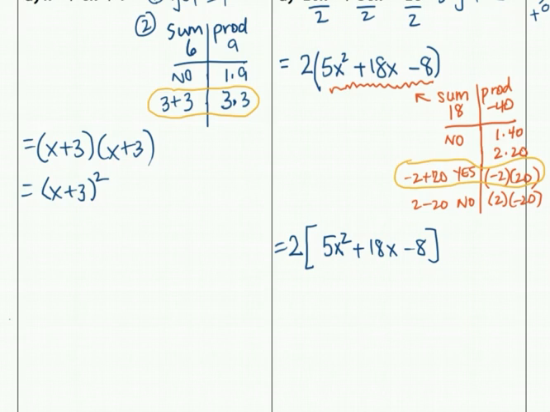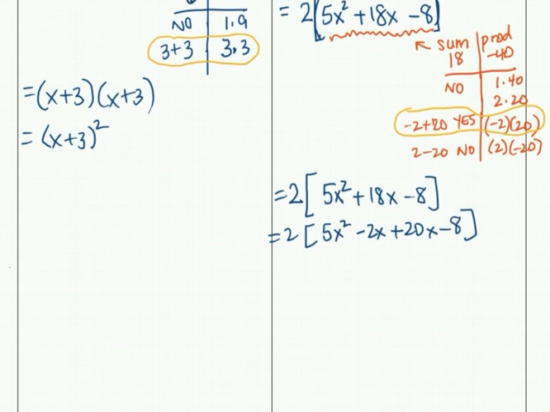Okay, so maybe I should have just used square brackets right at the beginning here too. Okay, all right, so our decomposition method says, take that middle number 18 and break it into the 2 numbers that we just found. So negative 2 and positive 20.